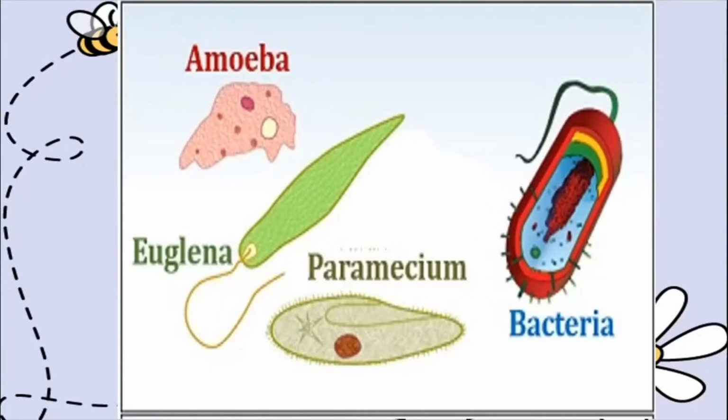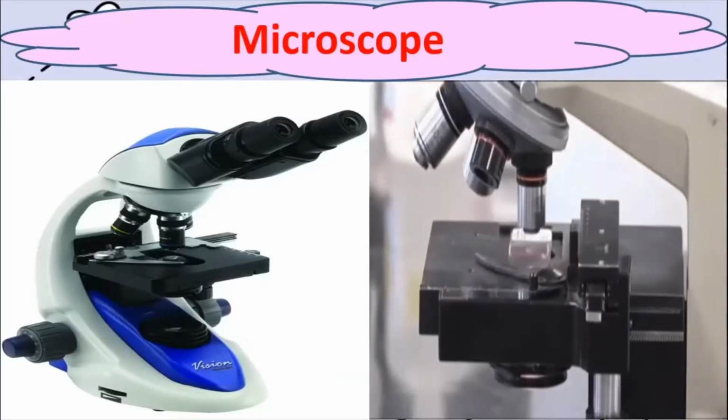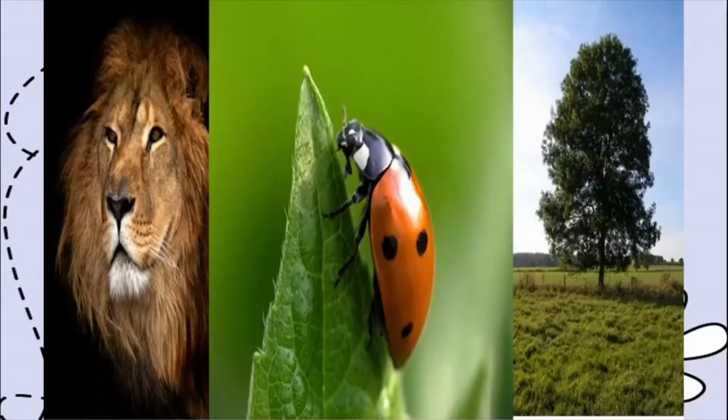Slowly these unicellular organisms started multiplying, they started growing, and then we had the multicellular organisms. Multicellular organisms means organisms with more than one cell. So you have the lion, you have the beetle, you have trees. All these are living things, isn't it?